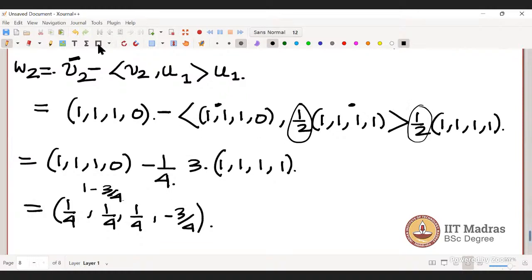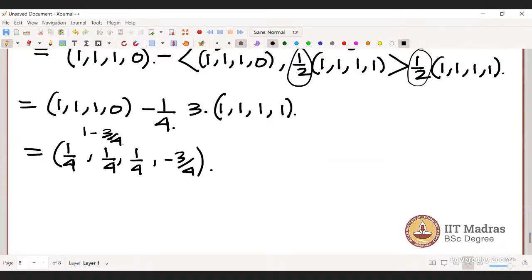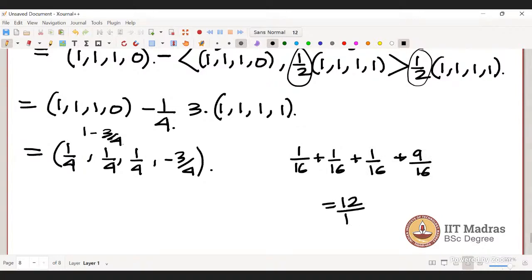So what is the norm of this vector? Root over 12, divided by 4. That is 1 by 16 plus 1 by 16 plus 1 by 16 plus 9 by 16, so it's the square root of 12 by 16.